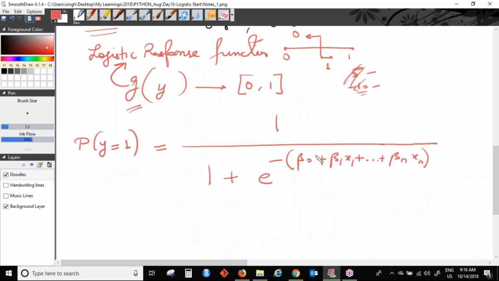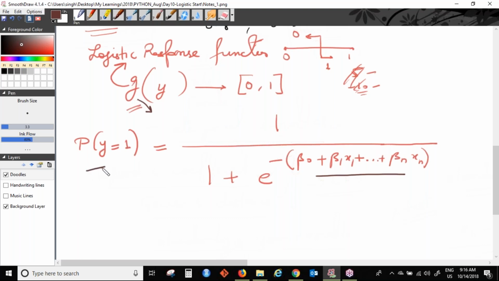So this is that function, the logistic response function. If you see, you have the same linear regression line here. This is the linear regression line. So what I have done is I have written this g function here. It is the same linear regression line, but after applying the function g on top of it.